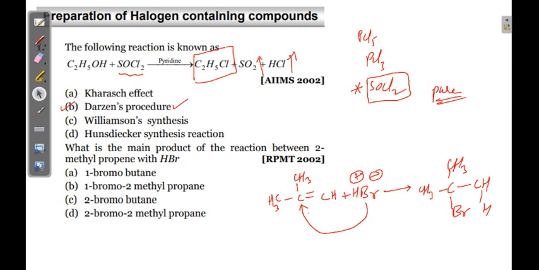So what is the answer now? Numbering 1, 2, 3. 2-bromo-2-methylpropane. That means the last one, D is the answer. In the next video we can discuss the remaining questions. Bye. Thank you.